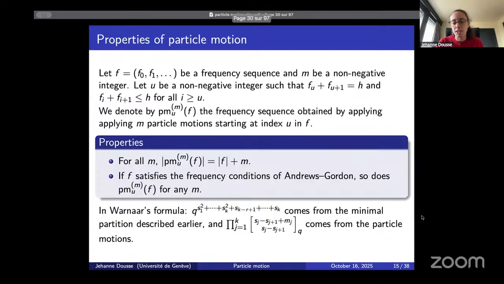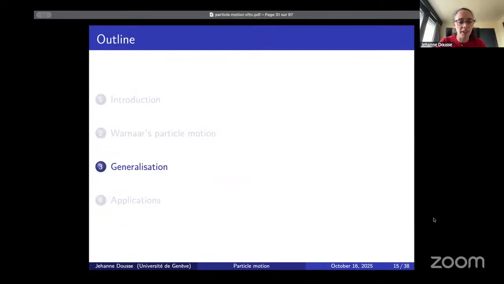Actually, we will not show exactly this result because for our purposes, we don't need the finite version of Werner, so we don't need the q-binomial coefficients. We just need the infinite version. So I will show you how to get Andrews-Gordon, but just in the general case and using our generalization. Okay, so let's do this now.